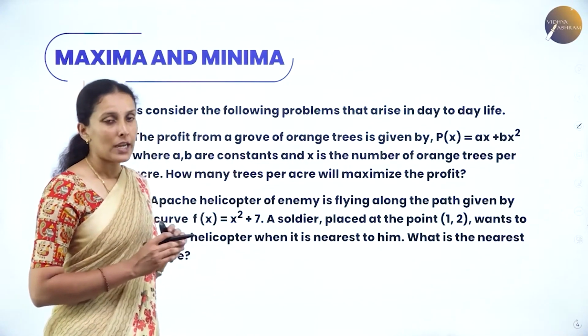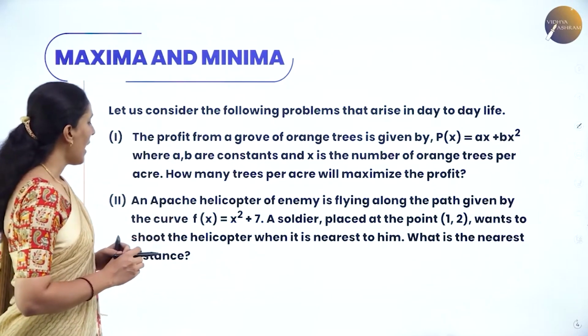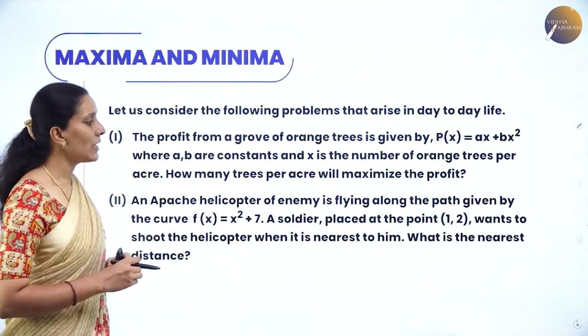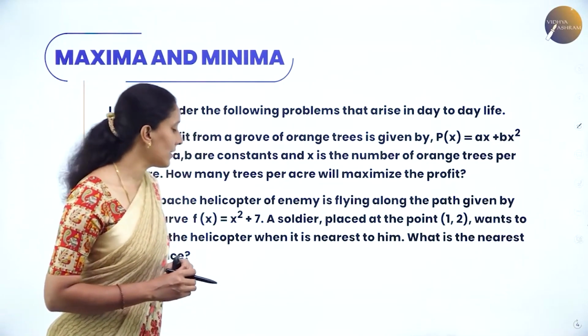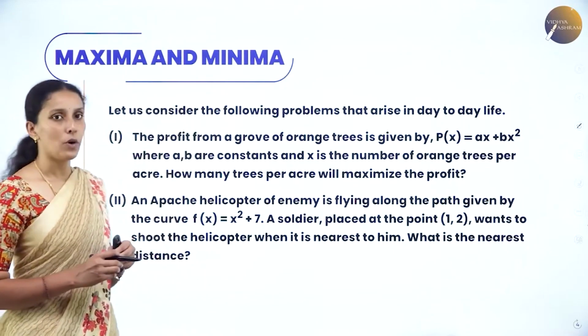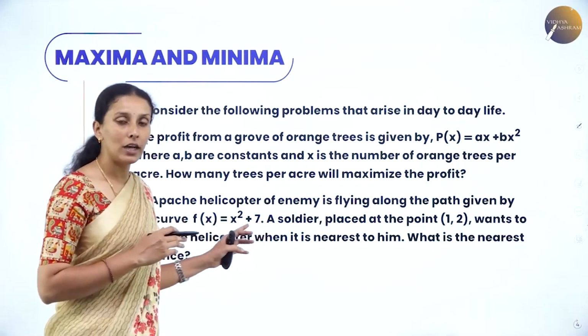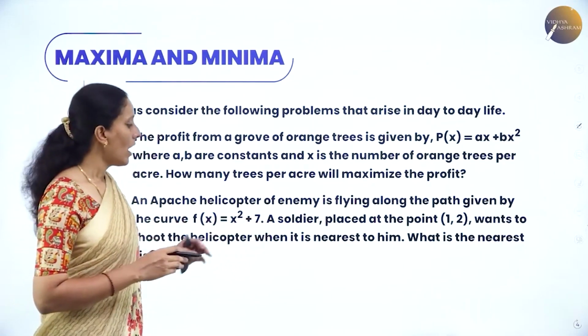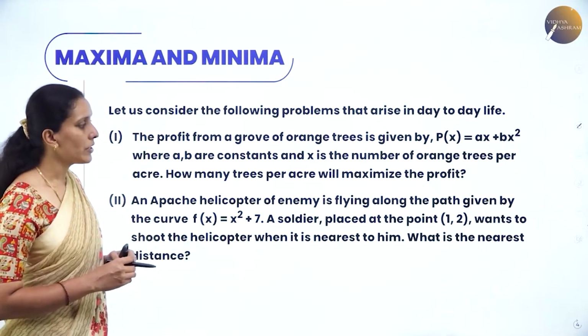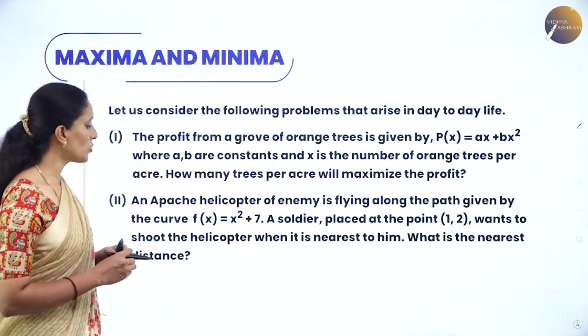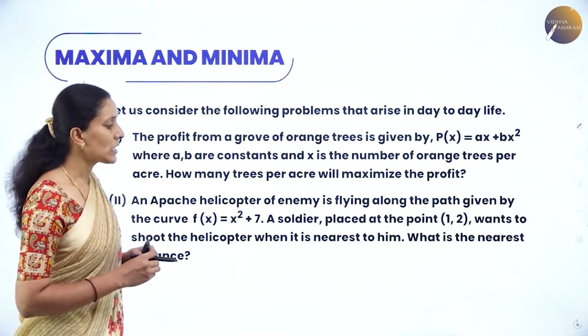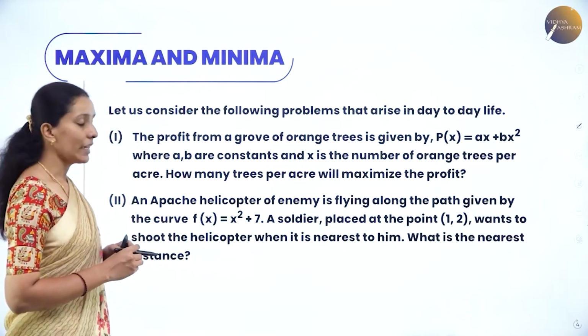This is the question. The second question says that an enemy helicopter is flying along the path given by f of x is equal to x square plus 7. So the helicopter is moving along the curve x square plus 7. A soldier placed at the point (1, 2) wants to shoot the helicopter when it is nearest to him. What is the nearest distance?